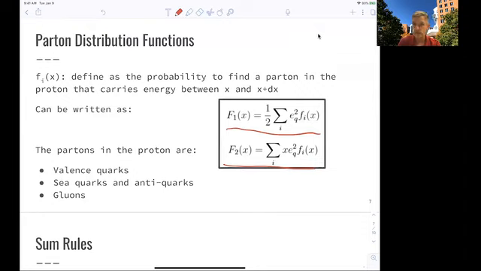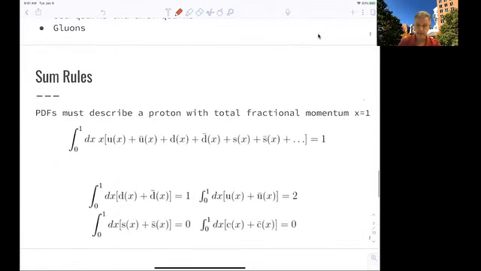And so what you find inside the protons are now the valence quarks, the down quark and the up quarks, sea quarks and antiquarks, and gluons. So you want to describe those momentum distributions or energy distributions of those particles. There's a number of sum rules. If you integrate momentum fractions from 0 to 1, 1 being the momentum of the proton, if you integrate them all together, you have to find 1, because that is the momentum of the proton to start with.